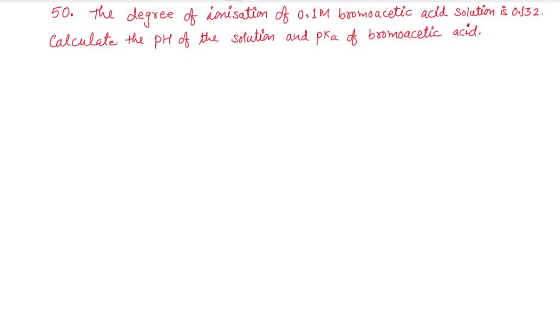First, what is bromoacetic acid? First, write the acetic acid. Acetic acid means ethanoic acid, that is CH3COOH.